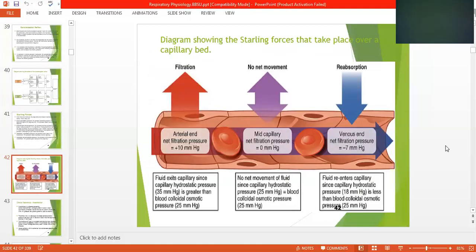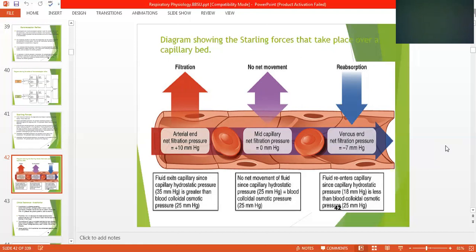Here we are showing the Starling forces that take place over a capillary bed. Filtration, no net movement, reabsorption. At the arterial end, net filtration pressure is plus 10 mmHg, Hg means mercury, millimeters of mercury. Mid capillary net filtration pressure is 0, and at the venous end net filtration pressure is minus 7, not plus.